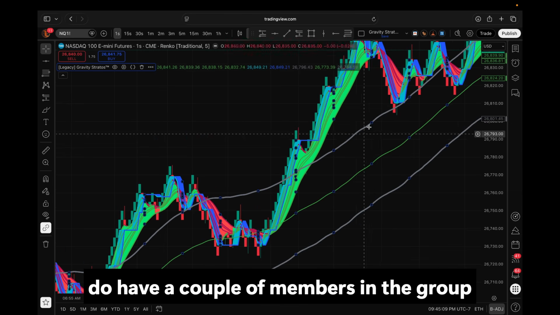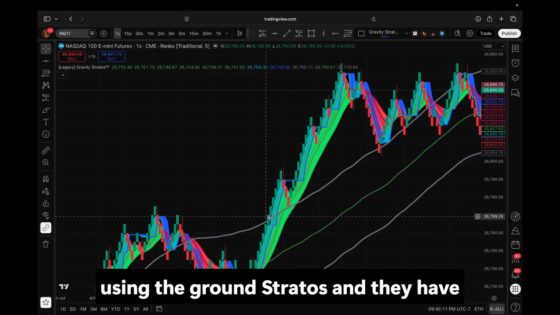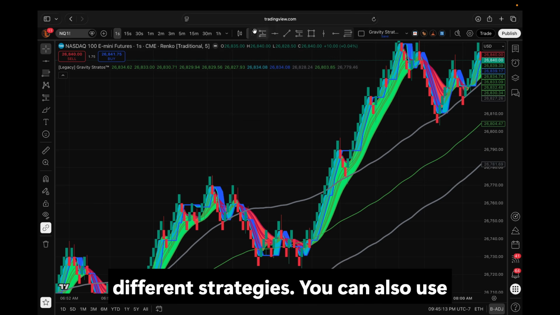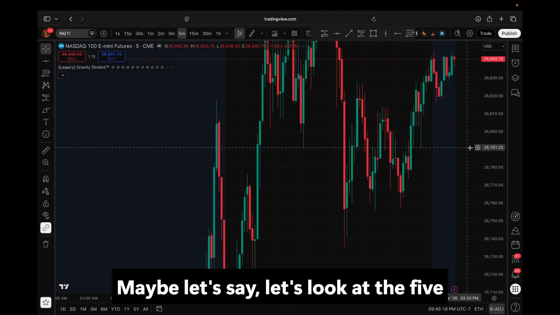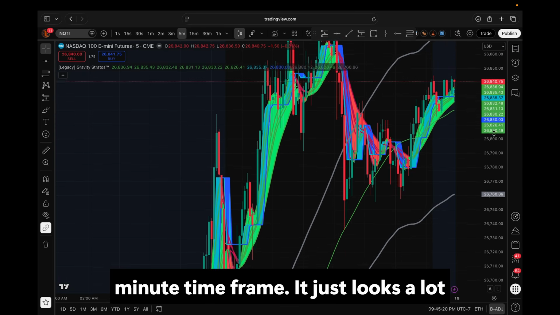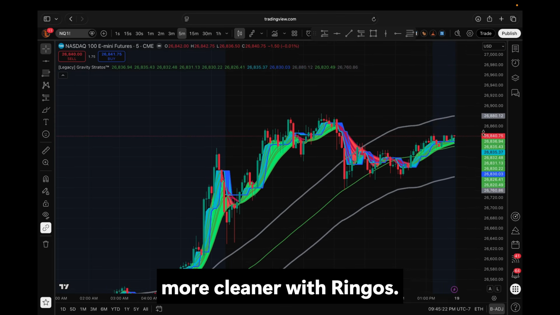I do have a couple of members in the group using the Gravity Stratos, and they have different strategies. You can also use this on the regular candlesticks as well. Maybe let's look at the 5-minute time frame. It just looks a lot cleaner with Renkos.